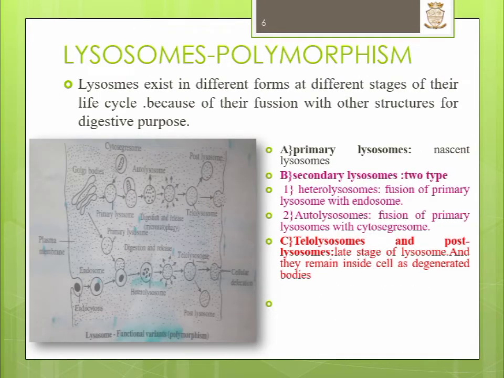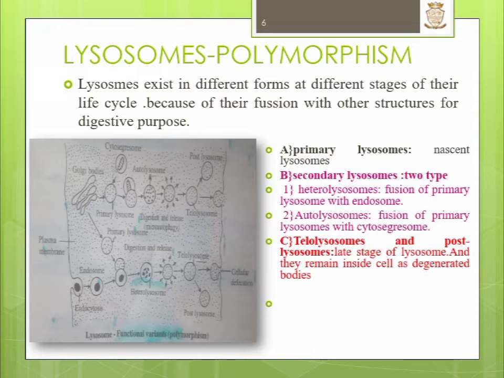So next we have to discuss the lysosome polymorphism property. Lysosomes exist in different forms at different stages of their life cycle because of their fusion with other structures for digestive purpose. First one, primary lysosome. These are the nascent lysosomes. Second one, secondary lysosome. It's of two types, heterolysosome and autolysosome.